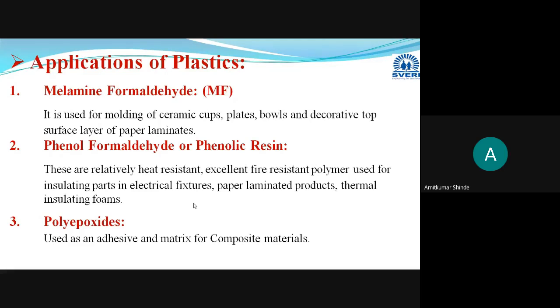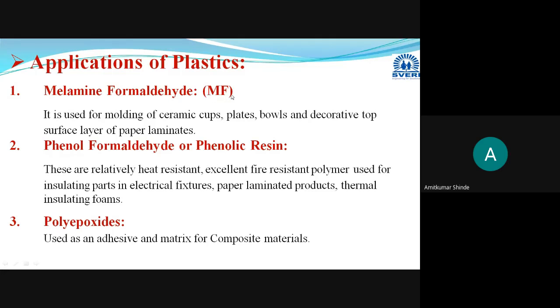The first material, melamine formaldehyde. It is indicated by the symbol MF, M stands for melamine, F stands for formaldehyde.